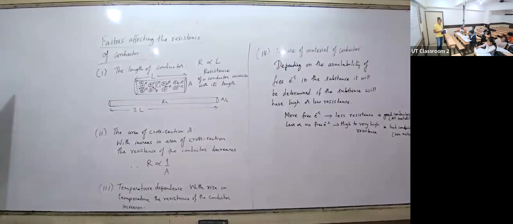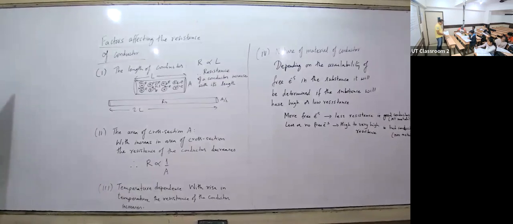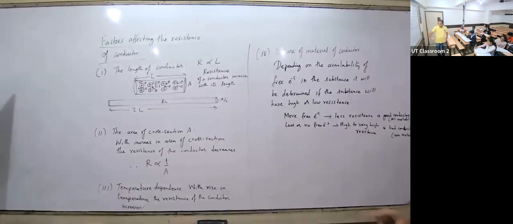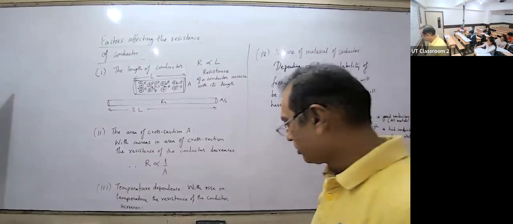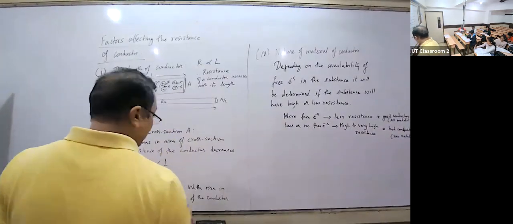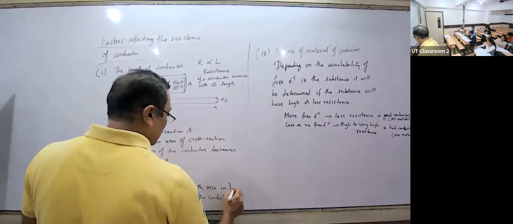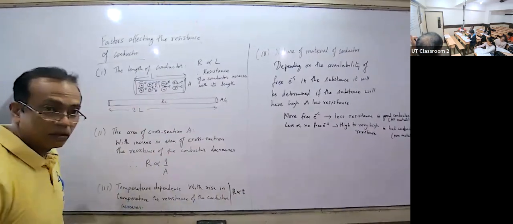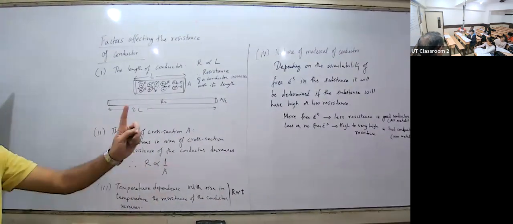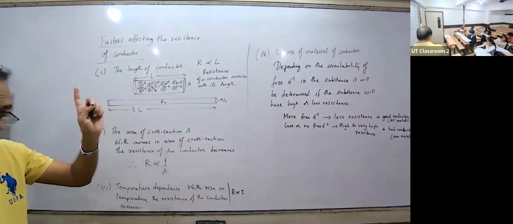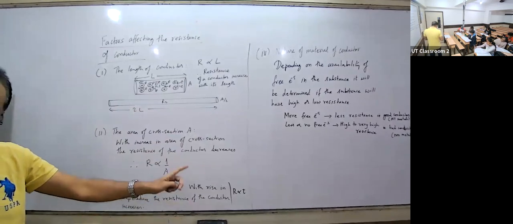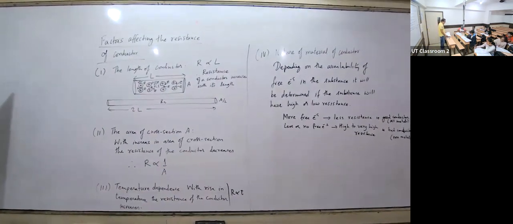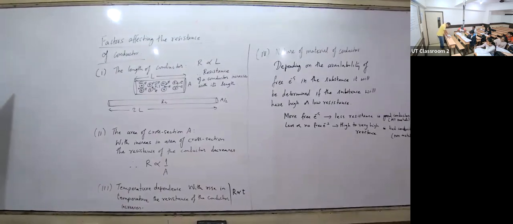Okay. So anybody still has any doubt? Yes. So in terms of this, what about R and T relation? R is directly proportional to temperature. Temperature will rise, R also will rise. Temperature comes down, R also comes down. So this chapter is over. Okay, go ahead.